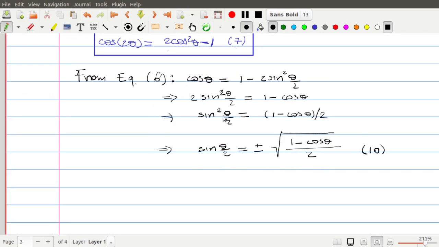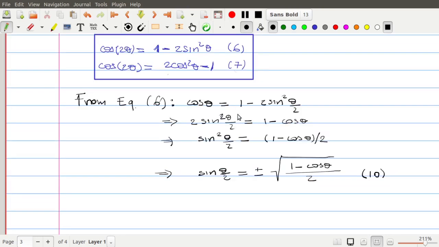So similarly, we can express cosine from equation 7.